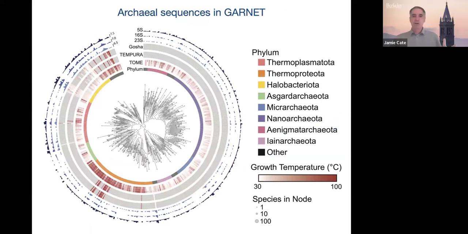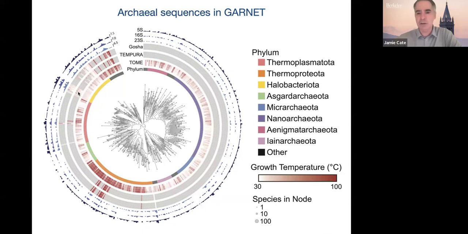So I'm just going to show the archaea here as an example. What you can see is that around the edges are sequences that we got from these various organisms, and it's on a log scale. But if you just think about the temperature aspect, in the databases that are available it's pretty scattered in terms of what information is there.